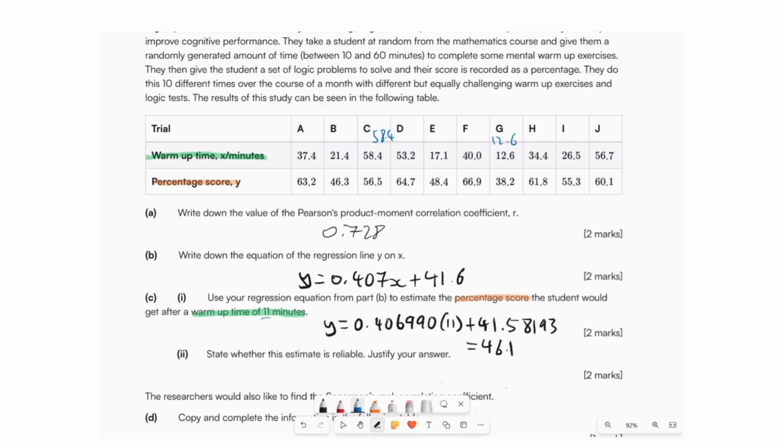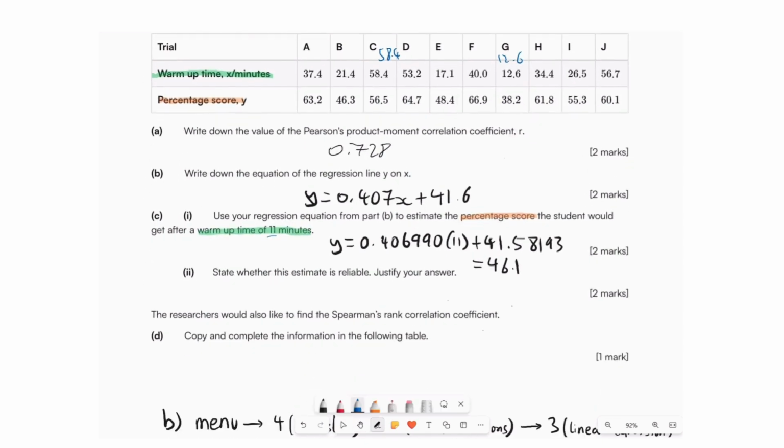If you want to write that out down here, you can say 12.6 to 58.4. 11 lies outside of that range, and so we call that extrapolation. Therefore, it is not reliable.